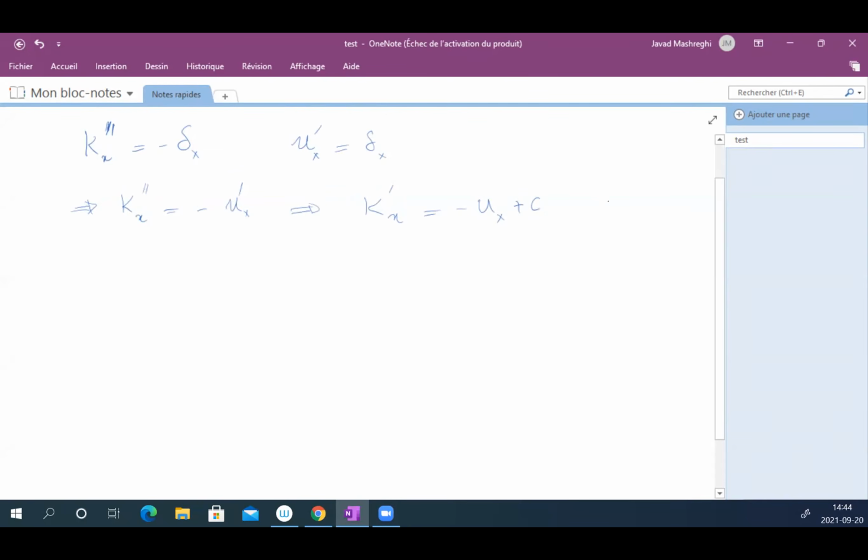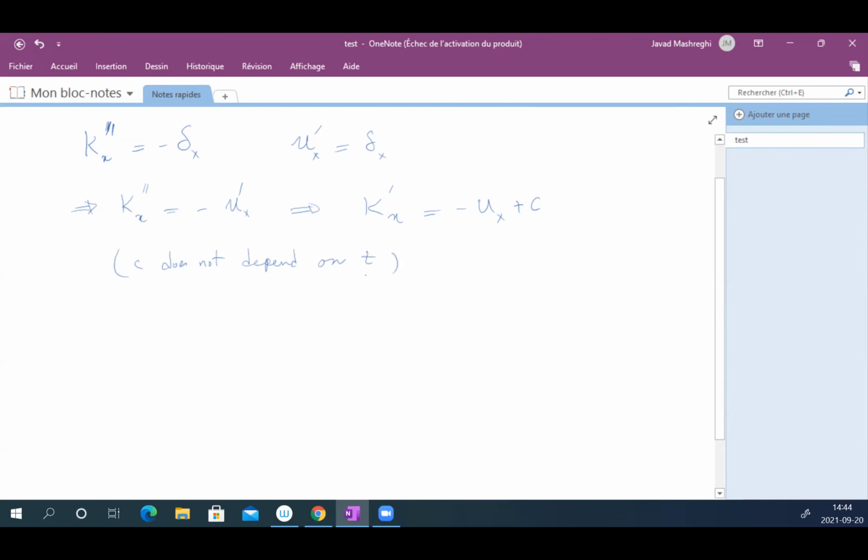So c can be a function of x, and indeed we will see that it depends on x, but c does not depend on t.